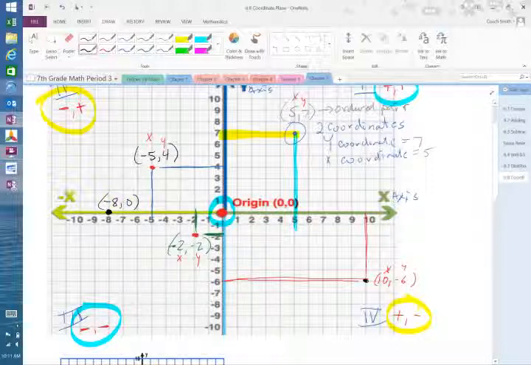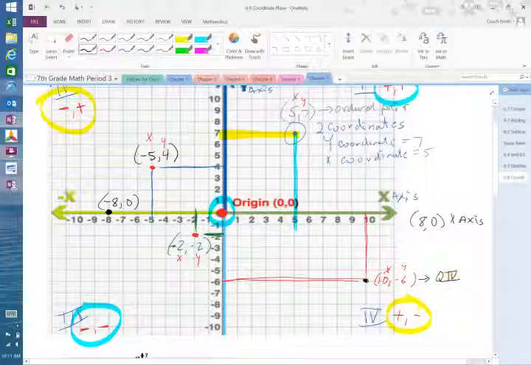Now, that point does not lie in any quadrant. So if you're describing this point, if I'm describing the point 8, 0, I would just say x-axis. If I was describing this point here, I would say quadrant 4, because it's actually in the quadrant.